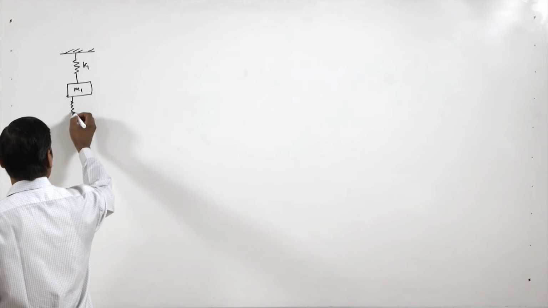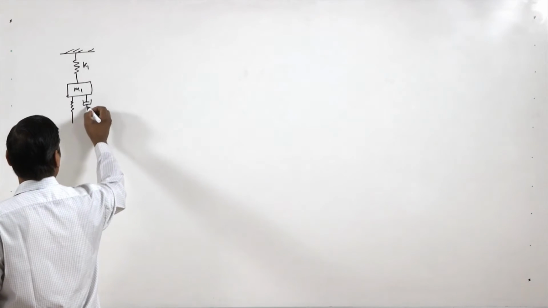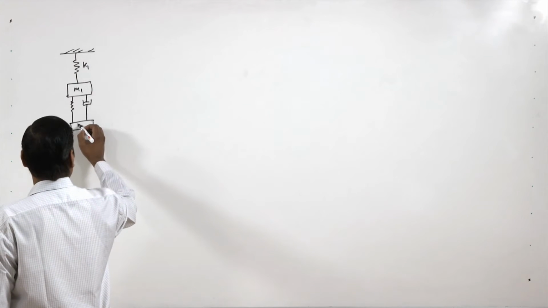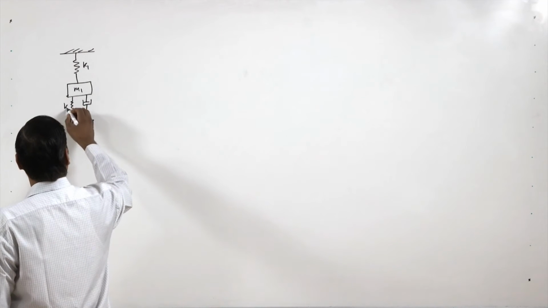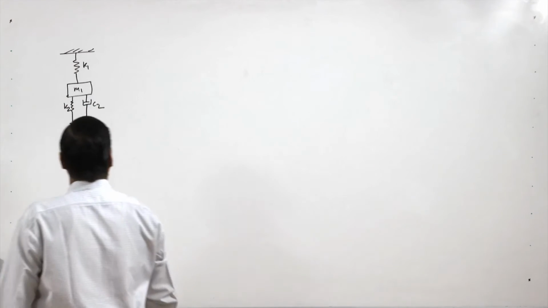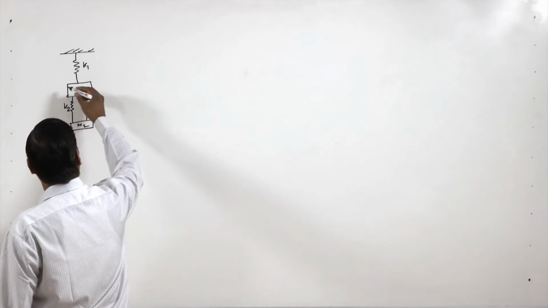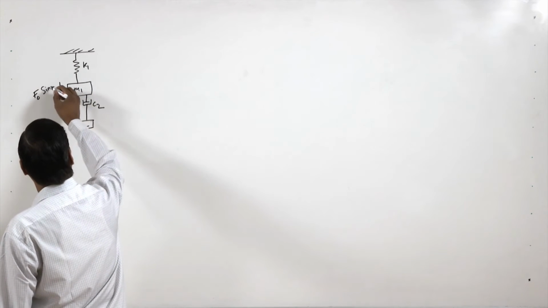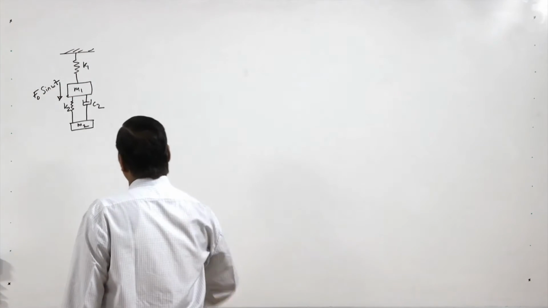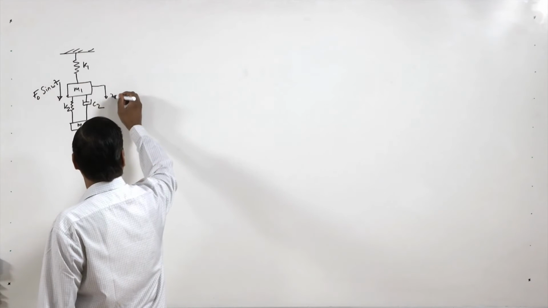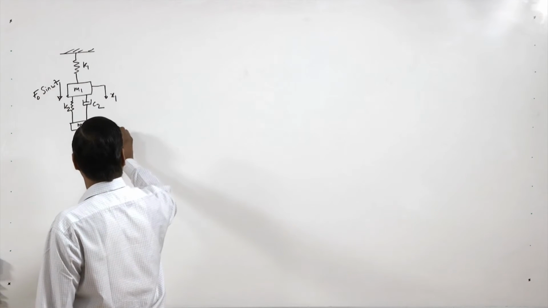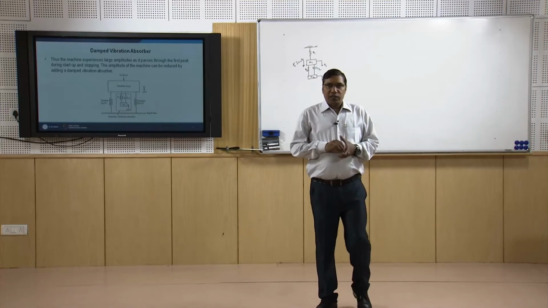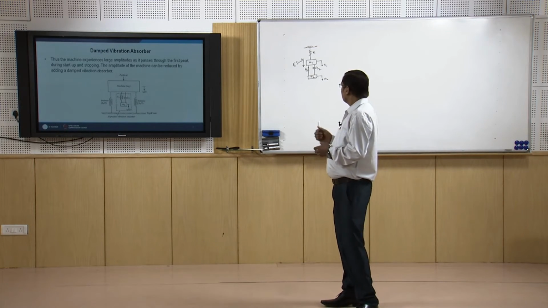So we have this spring and then this damper, and then this is the mass of the absorber. So it is M2, this is K2 and this is C2, and here we are applying some load on the main mass, that is F0 sine omega t, and the displacement we are taking positive downward, so it is x1 and x2 here. So that system is represented like this.